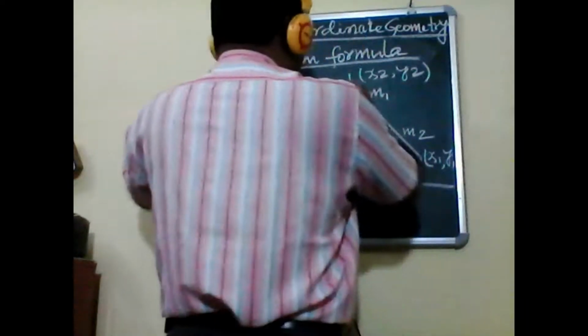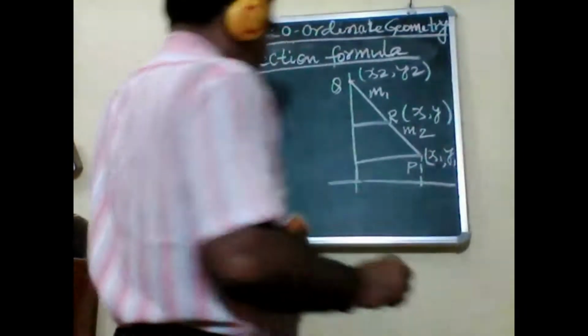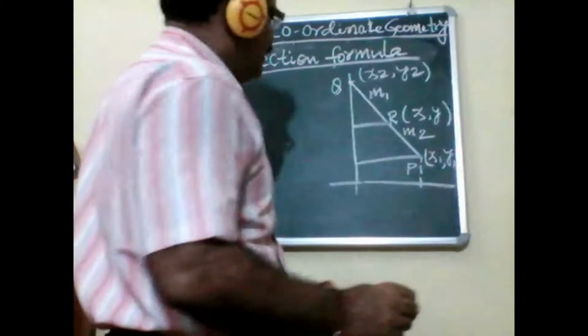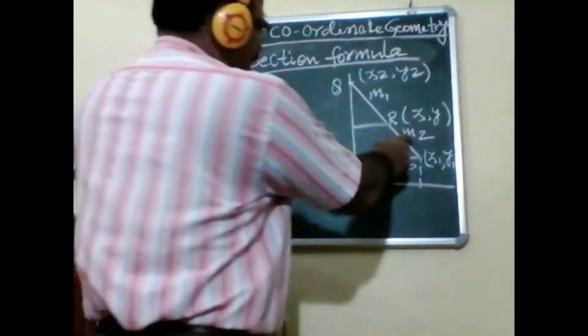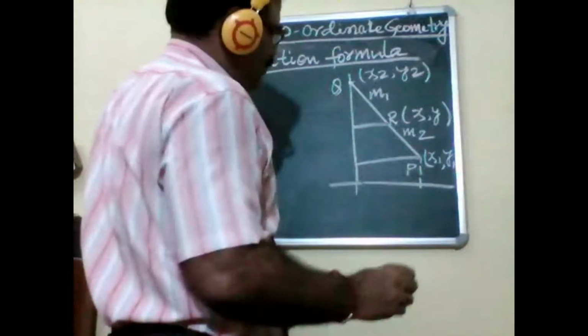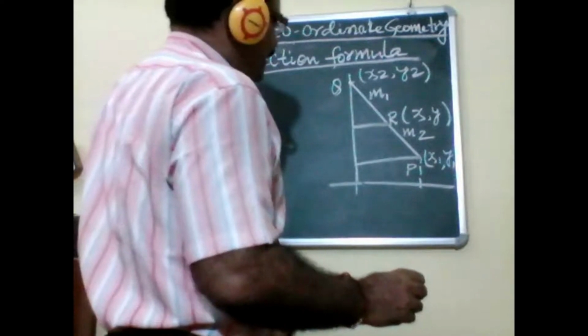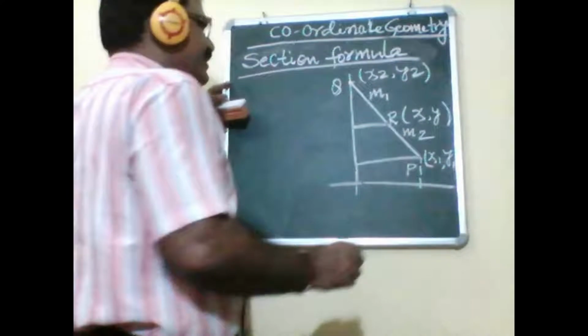This is point P, point Q, and this is point R. Suppose its coordinate is x, y. How can we find the coordinate of point R by knowing the internal division ratios of a line segment, which is divided internally at a point of any line segment?